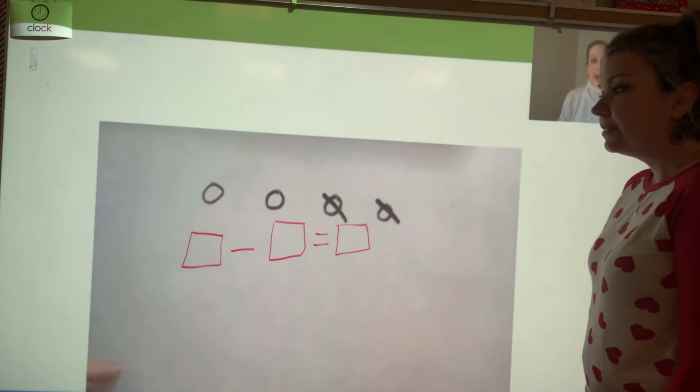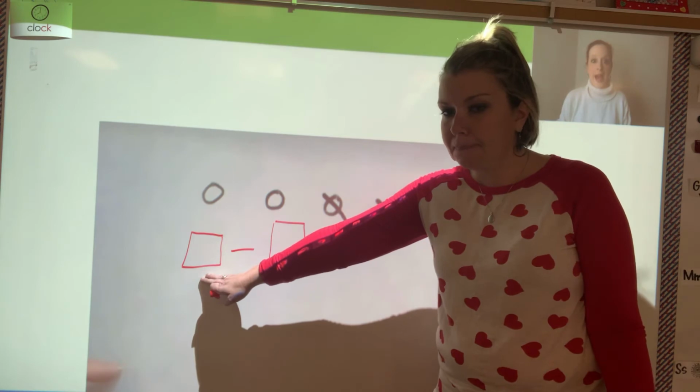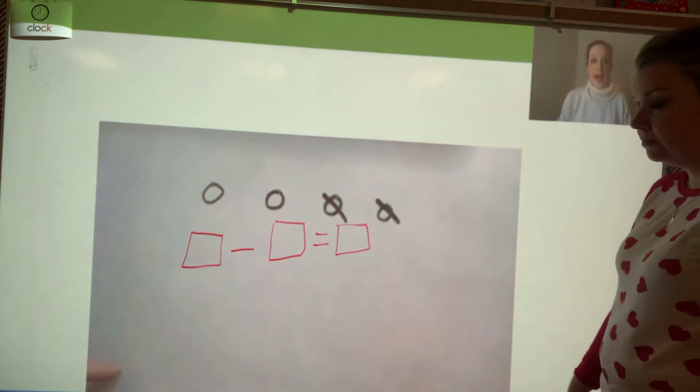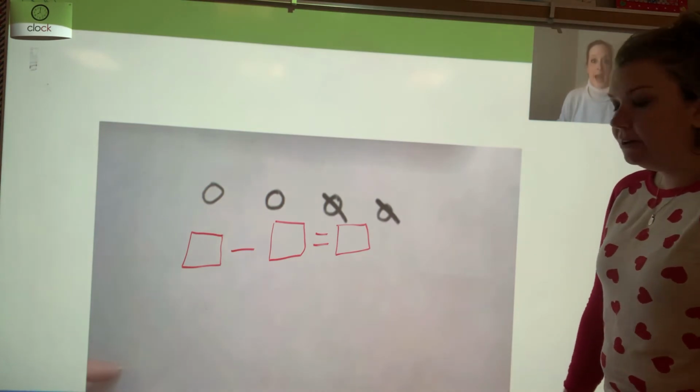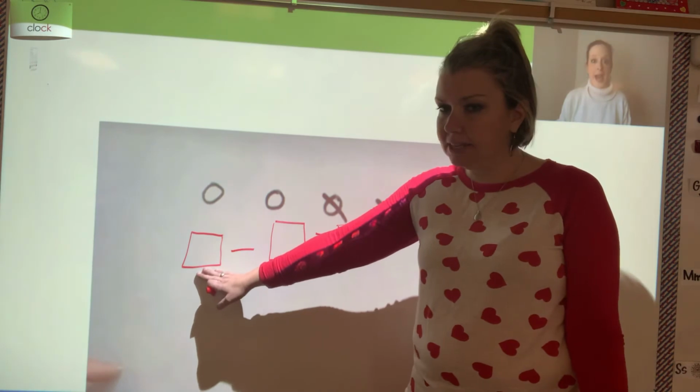So, let's look at the first part of my math sentence. What am I going to put at the beginning of my math sentence?